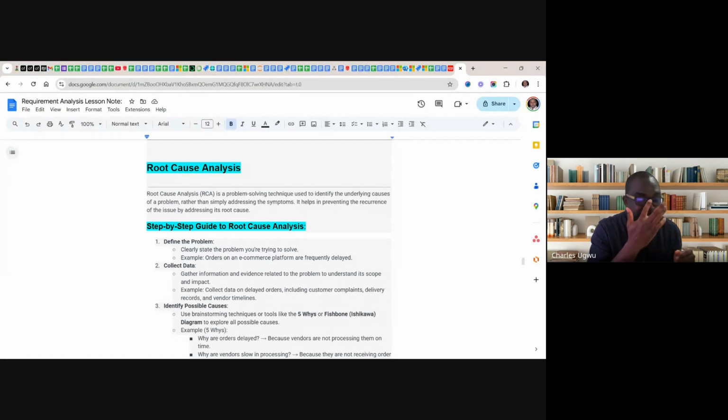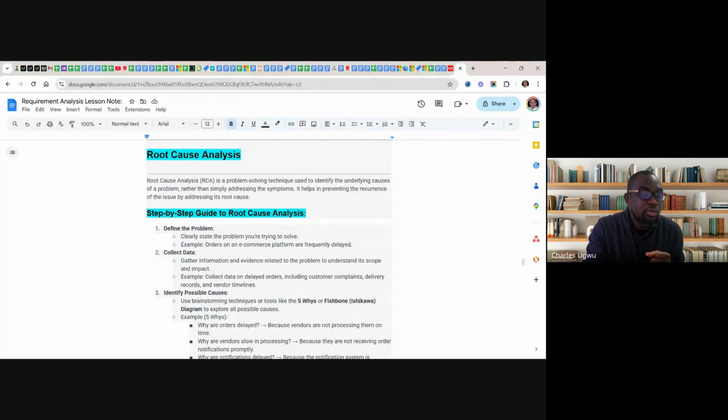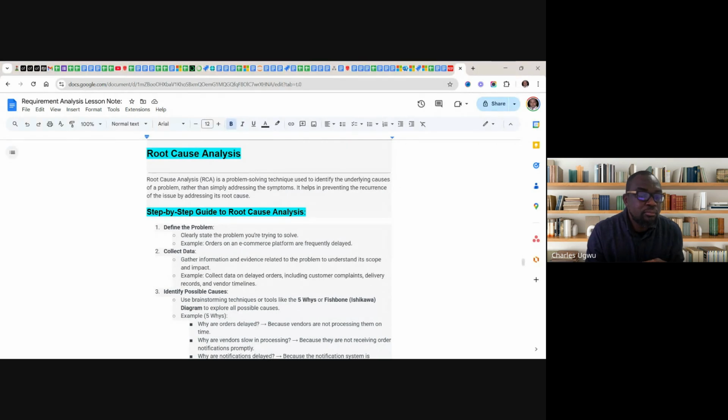So let's look from the professional point of view, which we are. Root cause analysis is a problem-solving technique. Gap analysis is, yes, you're solving a problem, but you are improving on the process. But with this one, you're trying to solve the problem permanently.